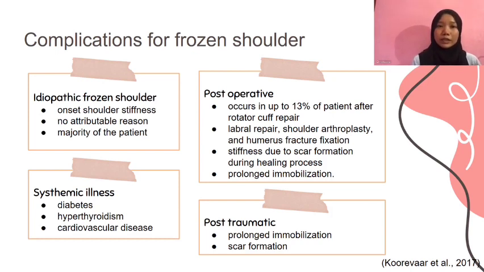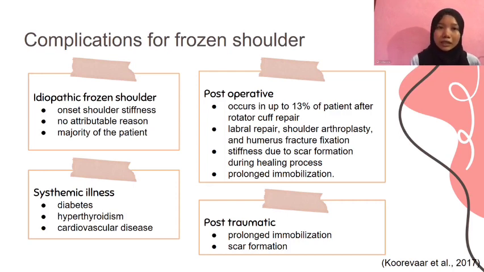Post-operative frozen shoulder can occur in up to 13% of patients after rotator cuff repair. Shoulder surgery for conditions such as rotator cuff tear, proximal humerus fracture, shoulder instability, and arthritis may result in stiffness due to aggressive scar formation during the healing process.